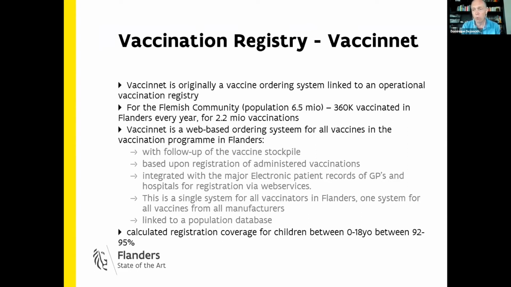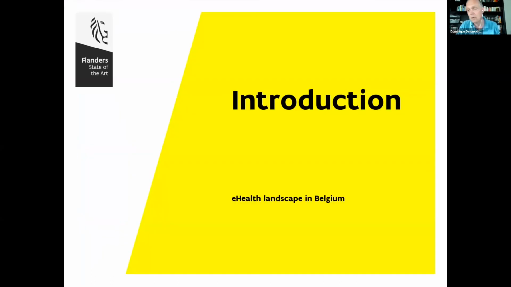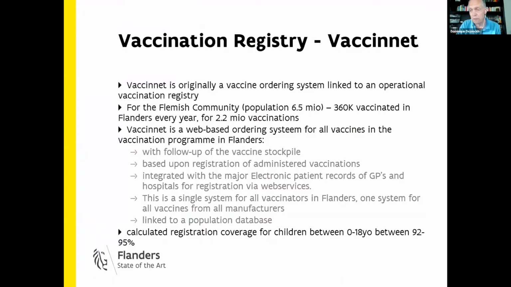So we had to onboard more than 5,000 vaccinators in the other regions, but I will go more into detail about the difficulties we had on the project and how we tackled them. So that's the positioning of Vaxenet.